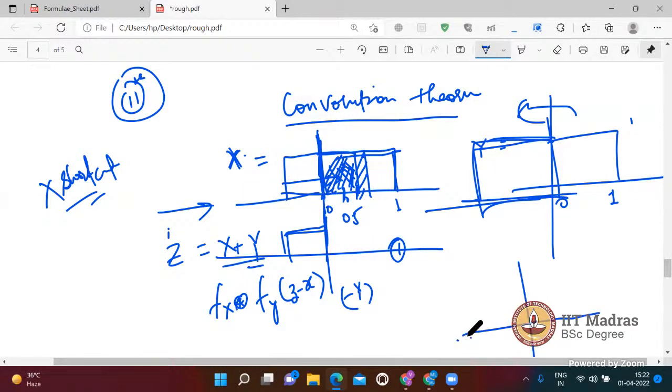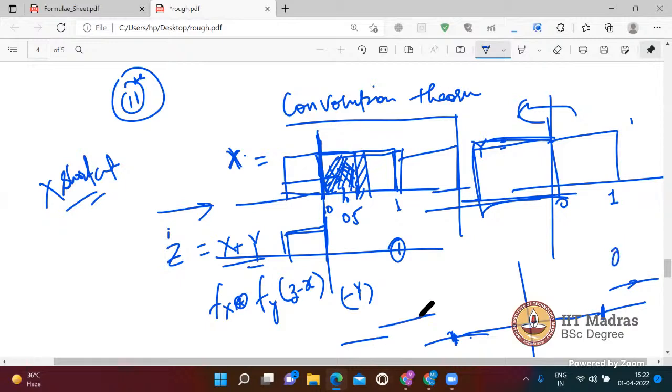Till t is 0, the overlap was 0. So from minus infinity to here, and after sliding past 1, when this function comes here, the common area will be 0 again. So after that the PDF will be 0, and before this it will also be 0.